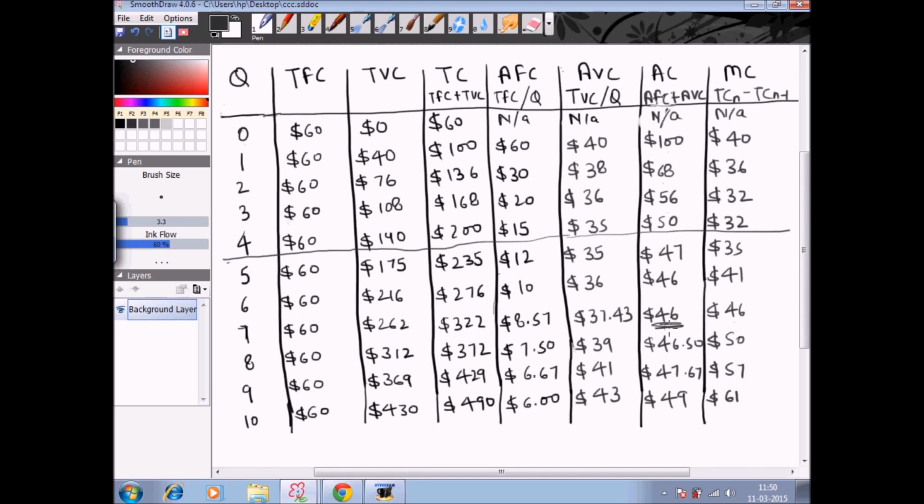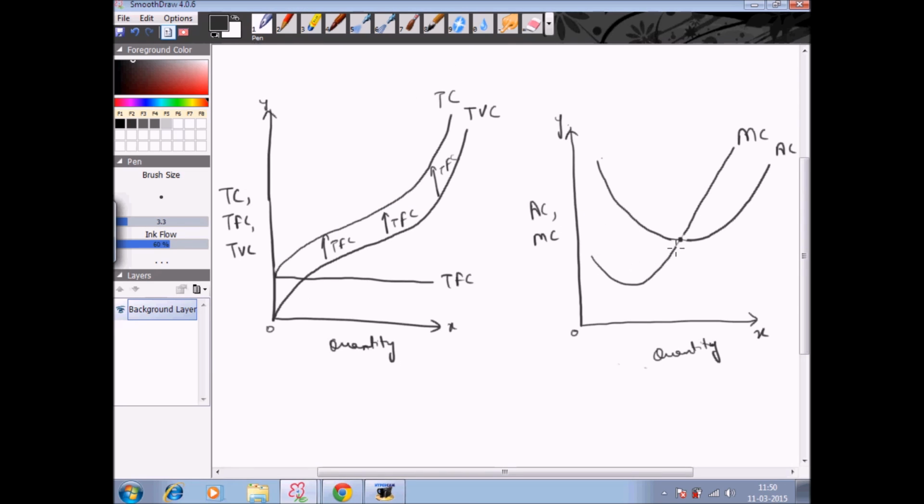Similarly, when the average cost starts increasing, it is increasing but at a slower pace, whereas the marginal cost is increasing at a very fast rate. And the marginal cost starts increasing before the average cost. So that is why the average cost curve is above the marginal cost curve. Marginal cost curve decreases and then it starts increasing, whereas the average cost curve slowly decreases and then slowly starts increasing.